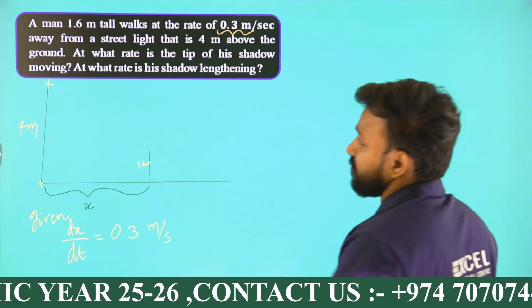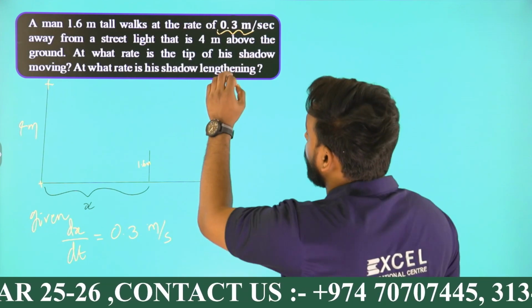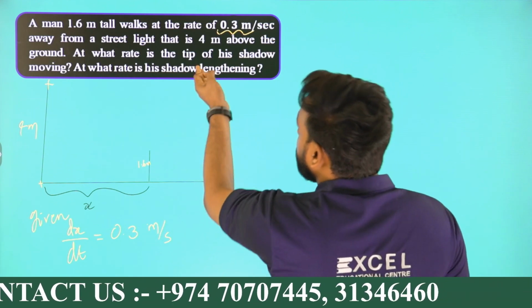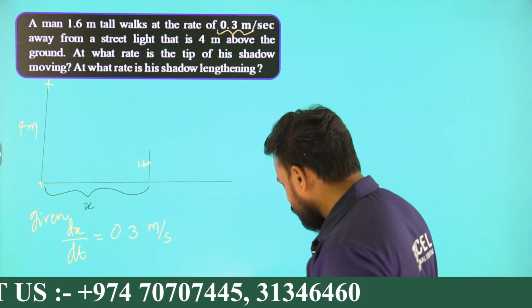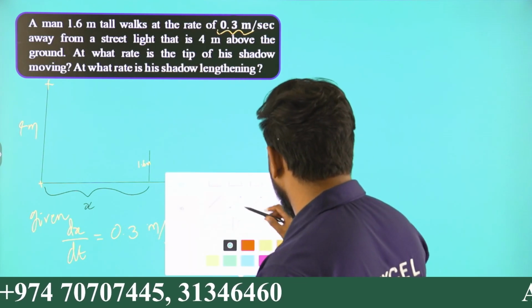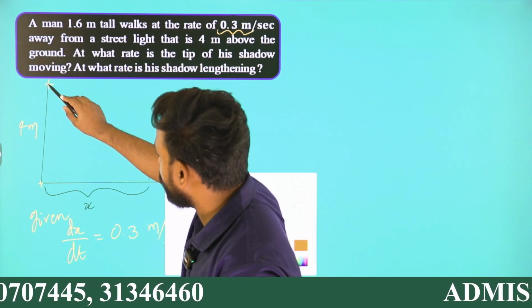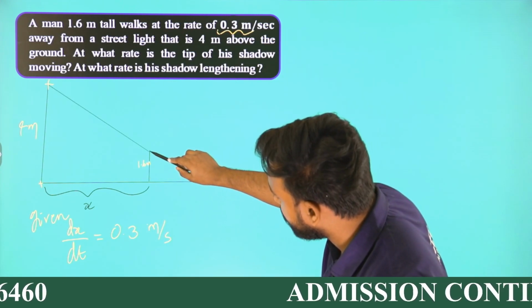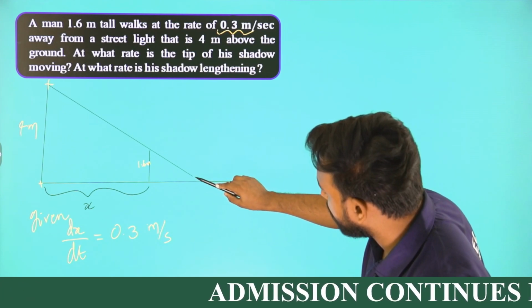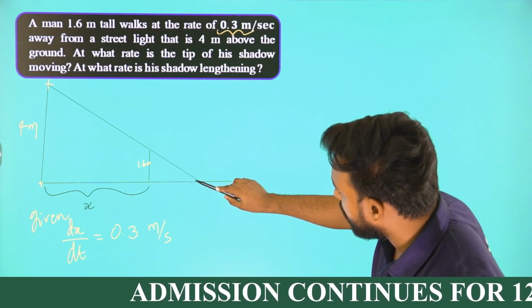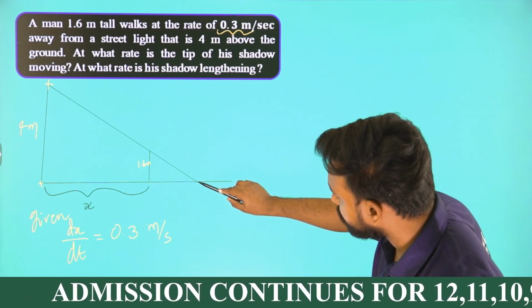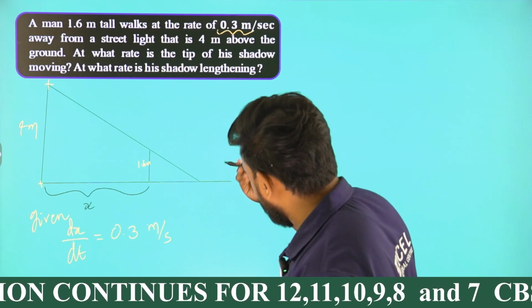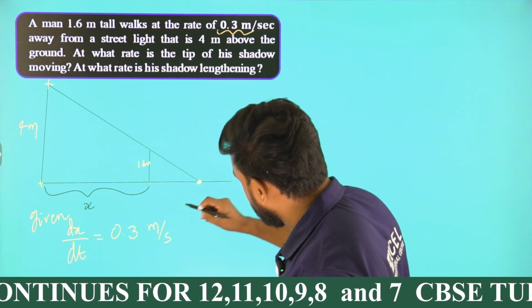Ready? Then what is the question? At what rate is the tip of its shadow moving? Tip of its shadow. So let's check what they mean by tip of its shadow. So if the light ray is coming from here, this is its head, and the light will create a shadow with the length.